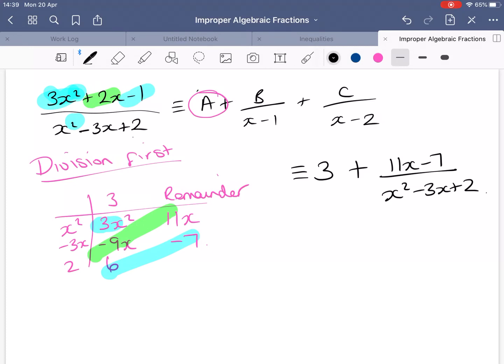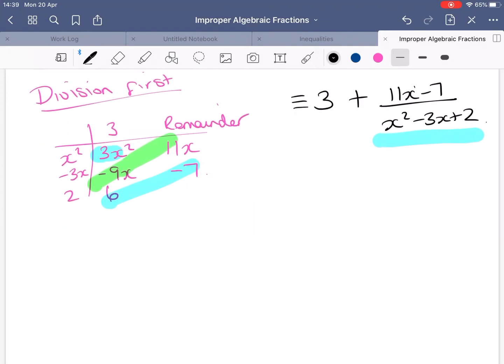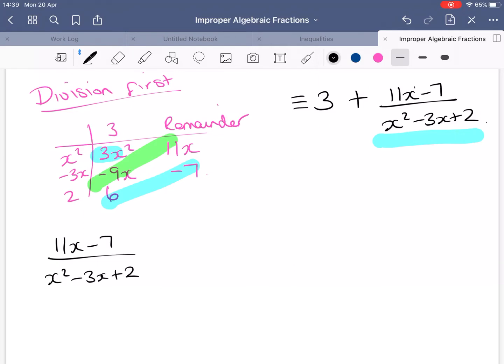And it's now at this point that I do my partial fractions on this, because I've no longer got an improper fraction. The degree of the polynomial of the numerator is 1, which is less than the degree of the polynomial of the denominator. So what I actually have to do now is I have to do my partial fractions on the remainder.